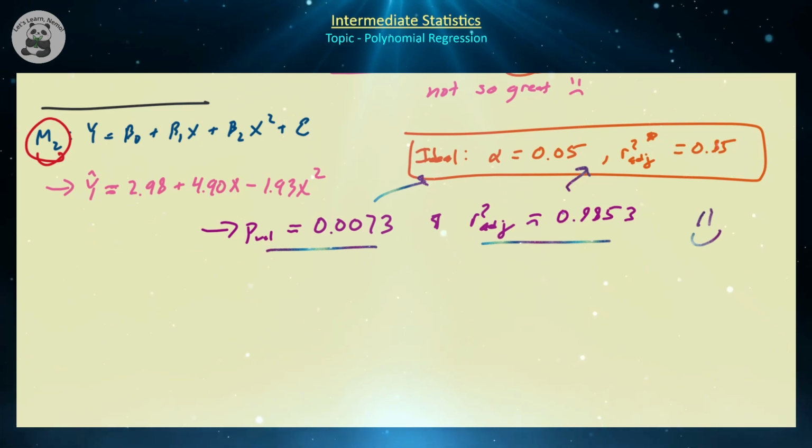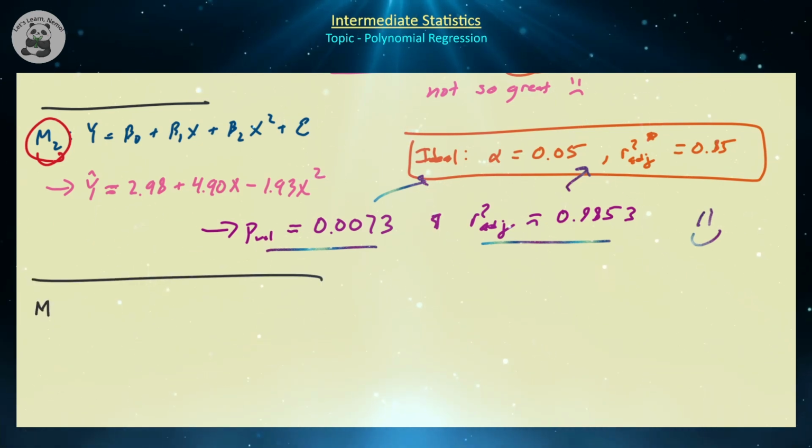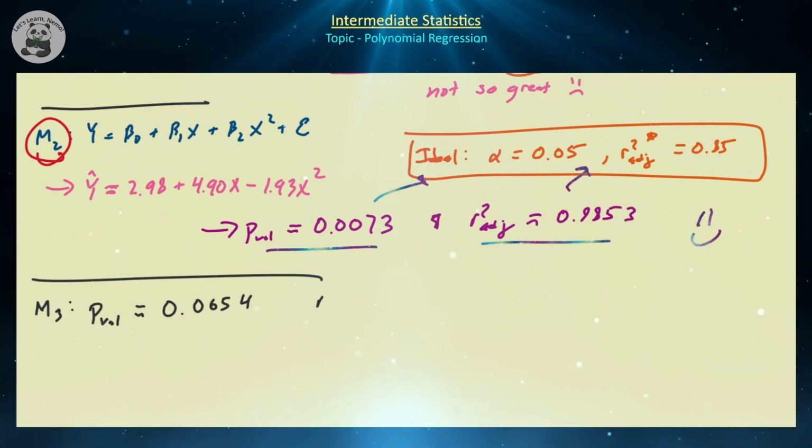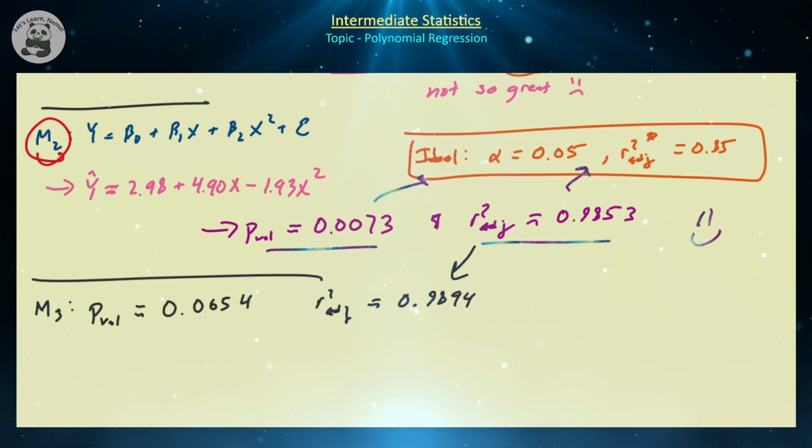But let's just actually go ahead and calculate what M3 will generate. So that's going to be our degree 3 model. One can actually find that the p-value is going to be approximately equal to 0.0654, and the r squared adjusted value is approximately 0.9894. Obviously, the r squared adjusted value does increase closer to 1.